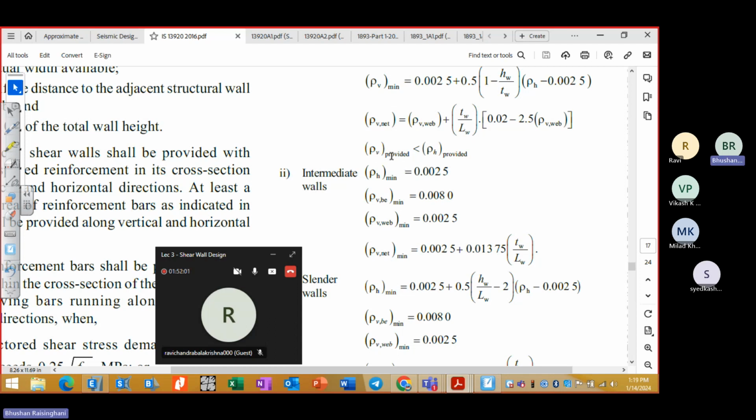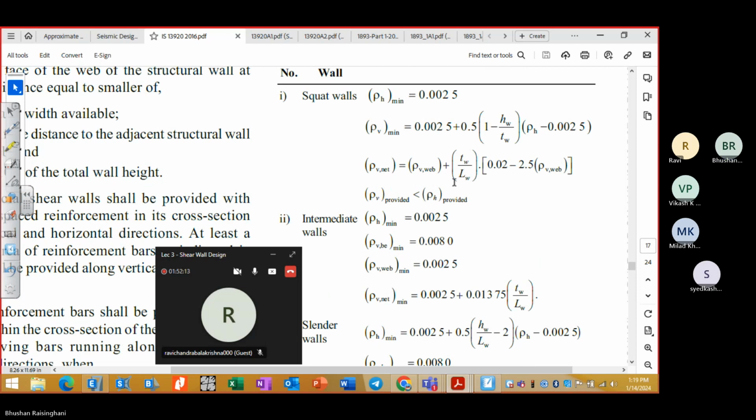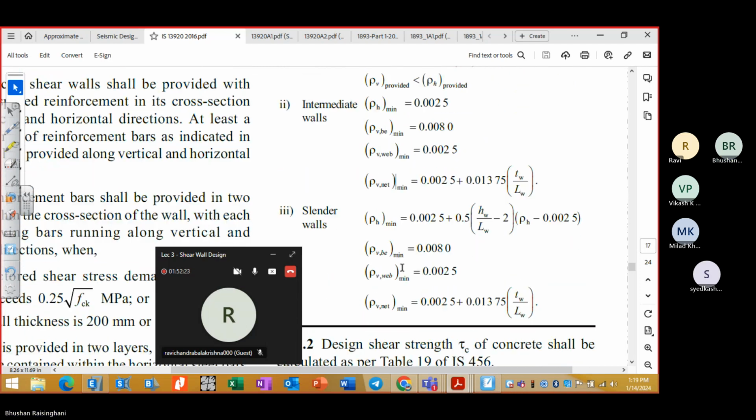So vertical provided, if it is 0.25, horizontal is also 0.25, but it is mentioned it should be less than that. So you cannot provide 0.25 in both cases. I hope you are getting it. Minimum is 0.25 here, then both are equal, but this clause will not be satisfied in squat walls.